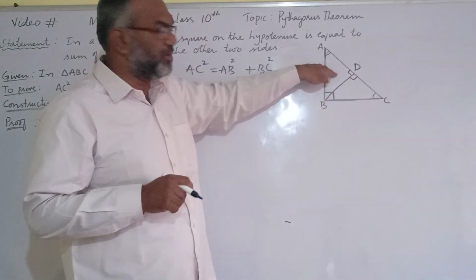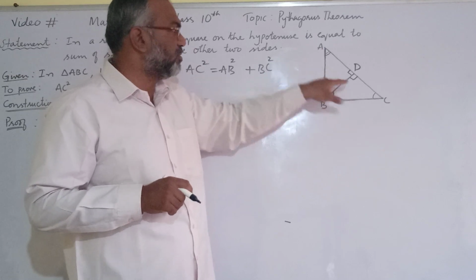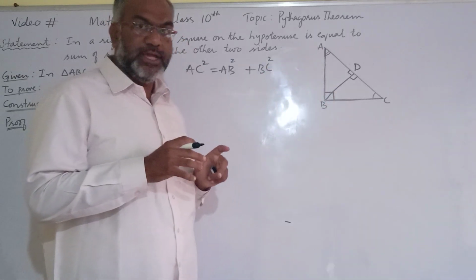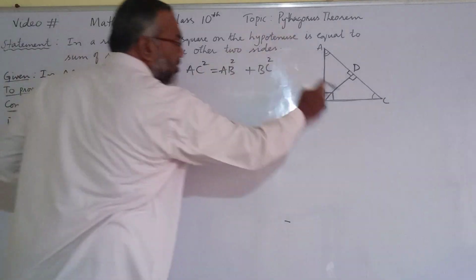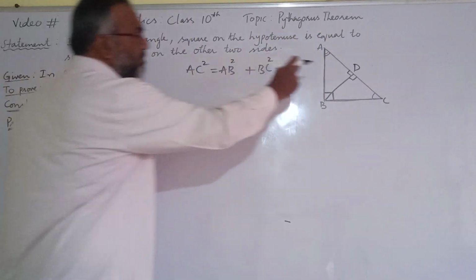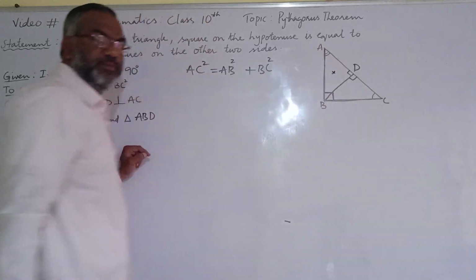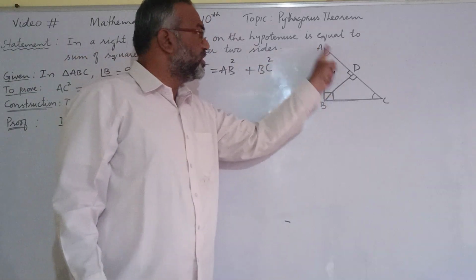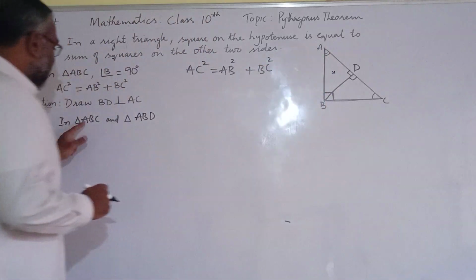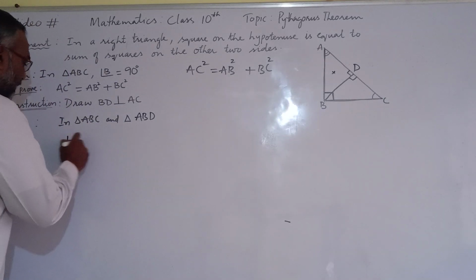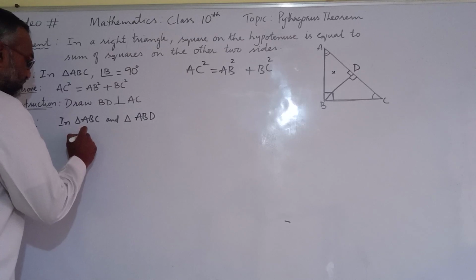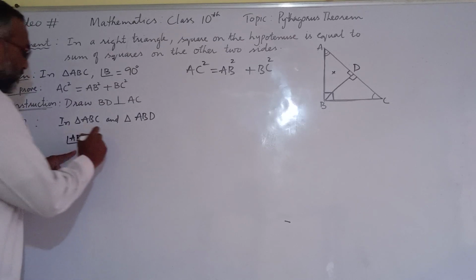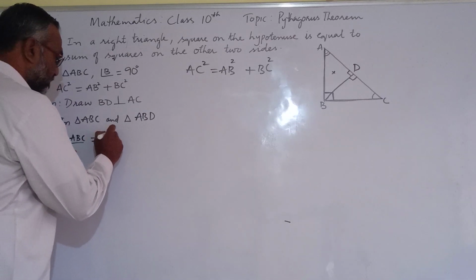Two triangles are formed, right? So we are now comparing the original triangle ABC, the big one, with ABD, this one. If you observe carefully, in triangle ABC, angle ABC is equal to 90 degrees, right?